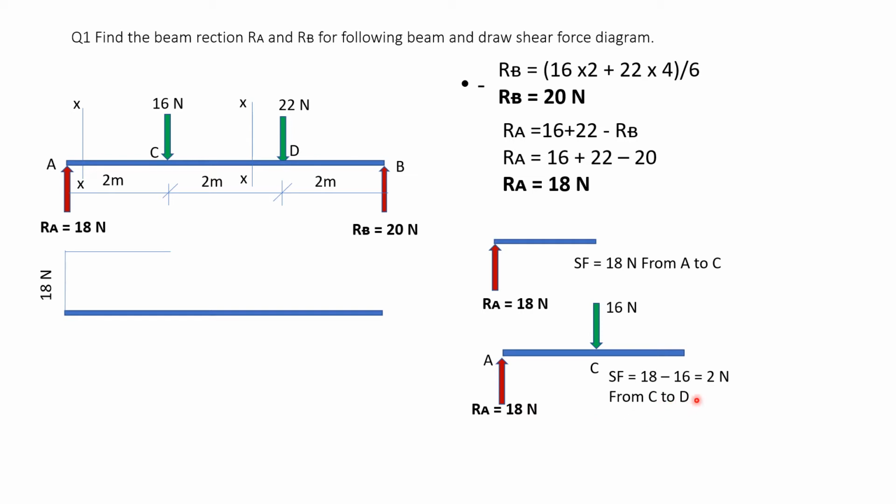From C to D, anywhere I take a section, there are only two forces, plus 18 minus 16, and the summation is plus 2 Newton. So shear force from C to D is 2 Newton.